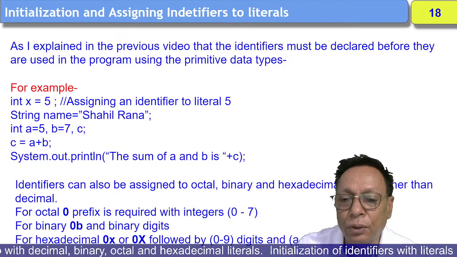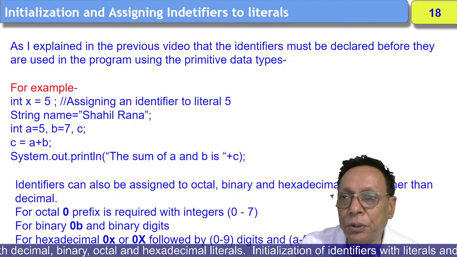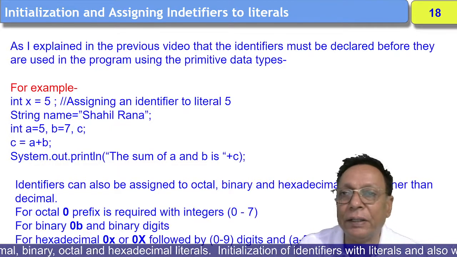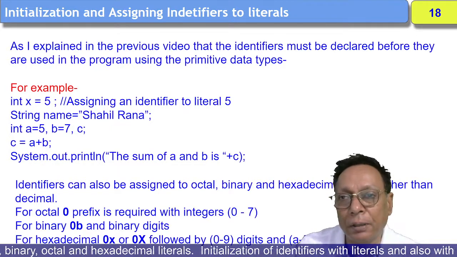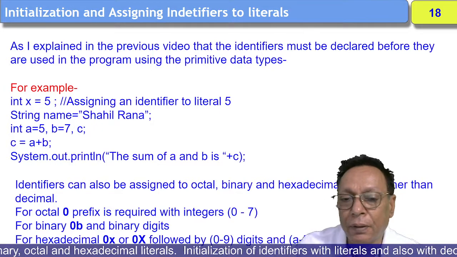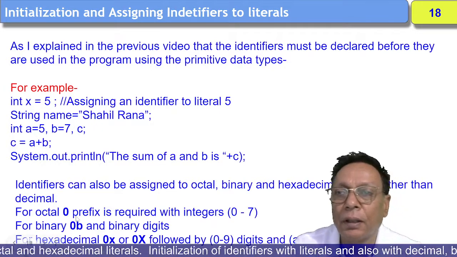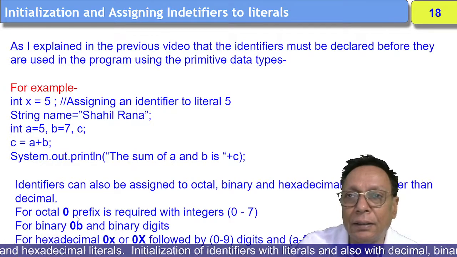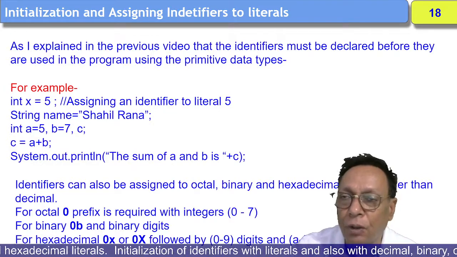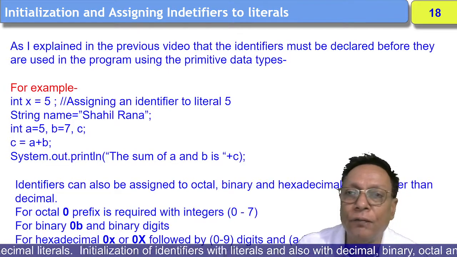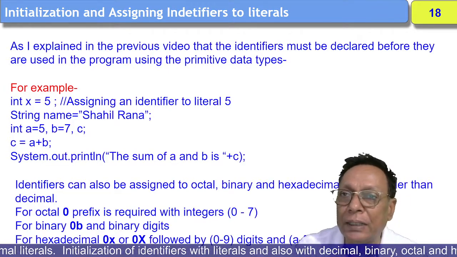So 0 followed by digits 0 to 7, and this figure will be treated as an octal number. The 0 here indicates that this value is an octal number, so 0 should be there at the beginning of the number.